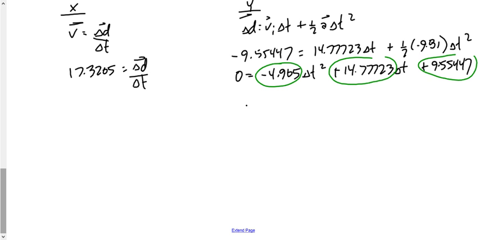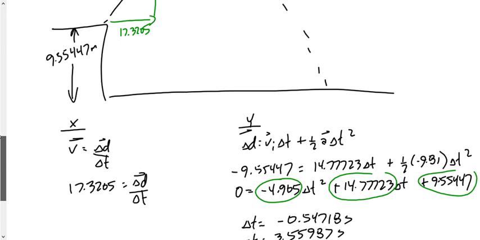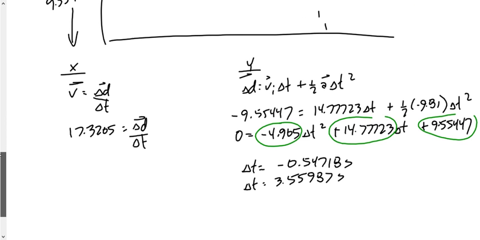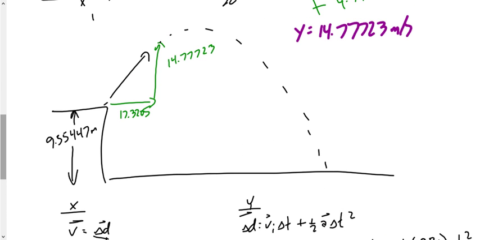And of course, if you've done that before in math class, you know there's two values. The first one is negative 0.54718 seconds, and the second one is 3.55987 seconds. It's not negative. What would the significance of that negative time end up being? Just out of curiosity, if you look at this picture, the 3.559 seconds is the time that it takes the ball to go from here to here.